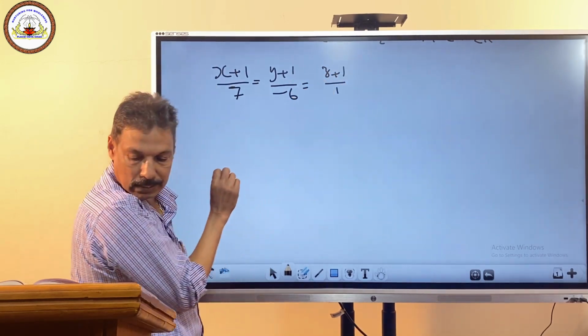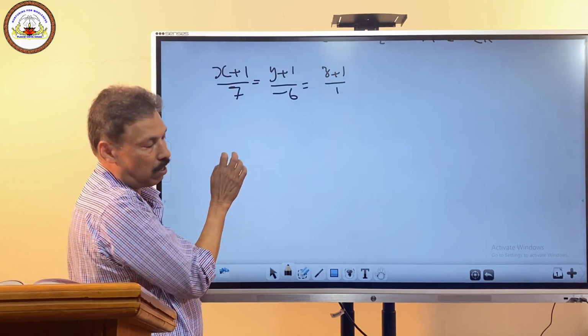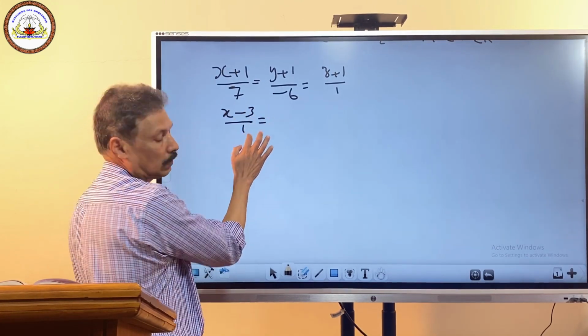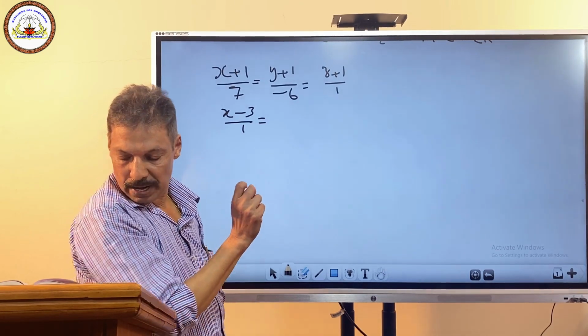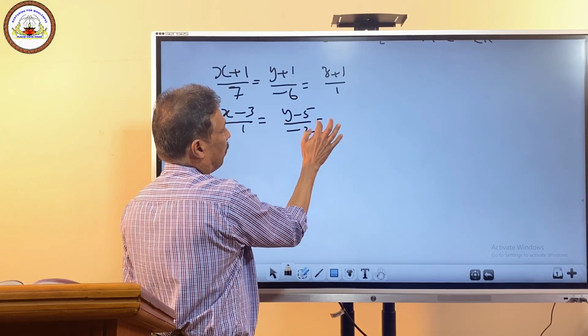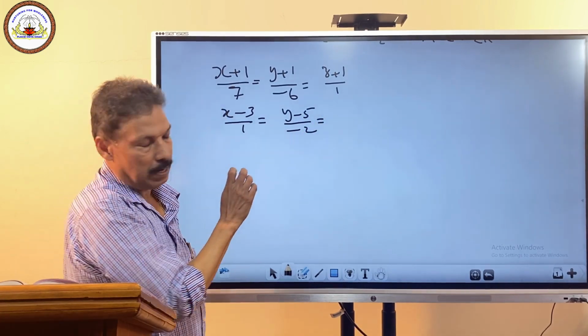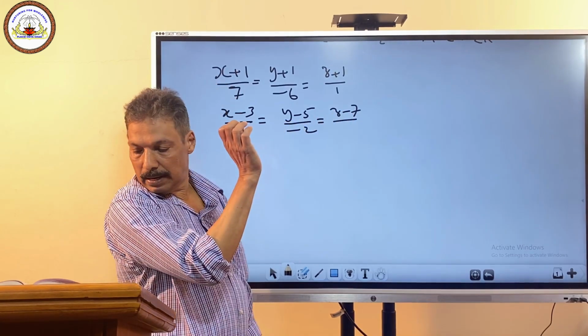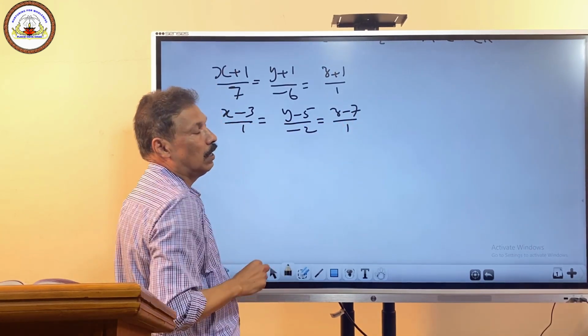And the second line is x minus 3 by 1 equal to y minus 5 by minus 2 equal to z minus 7 divided by 1.